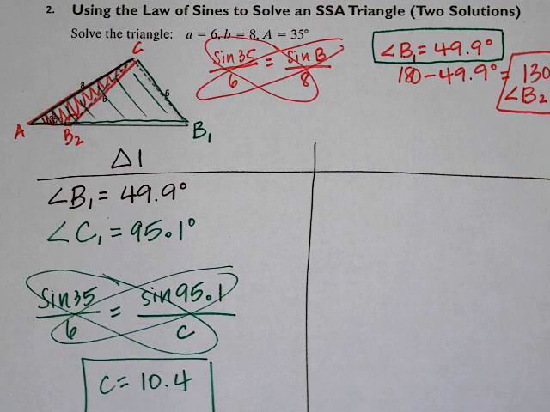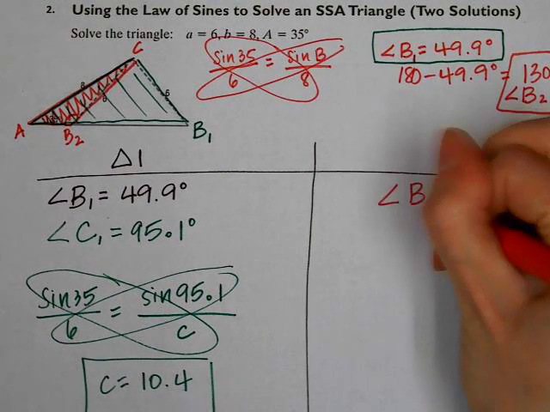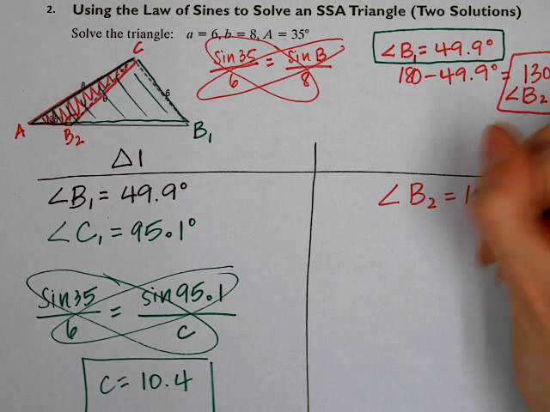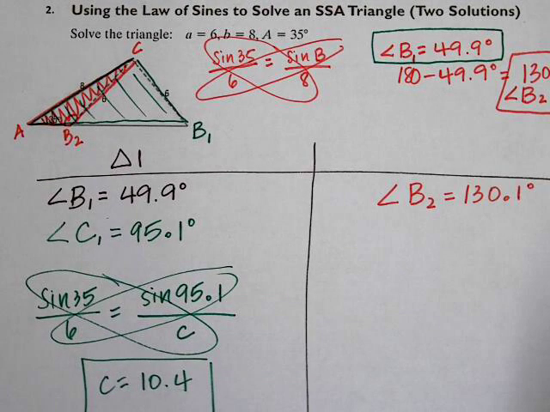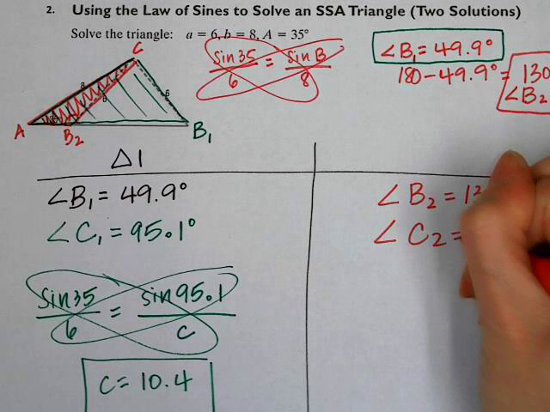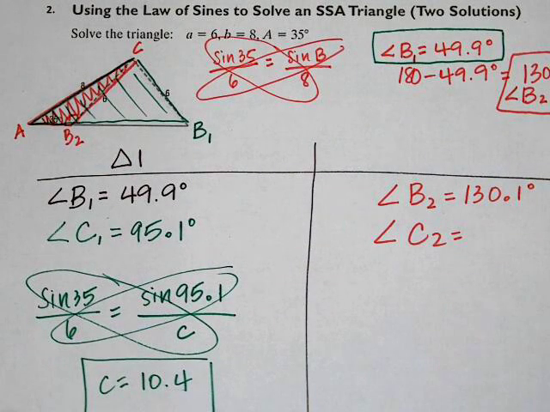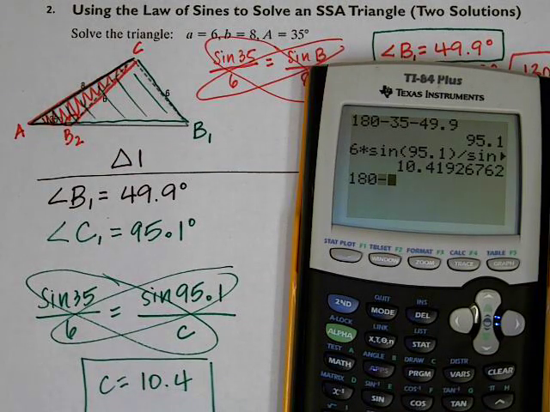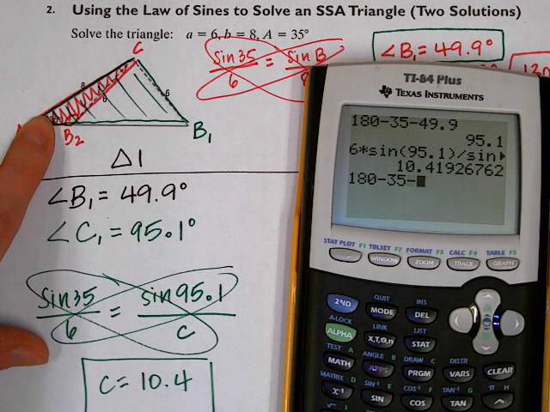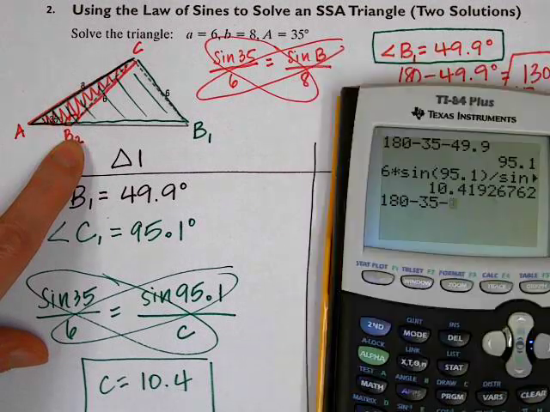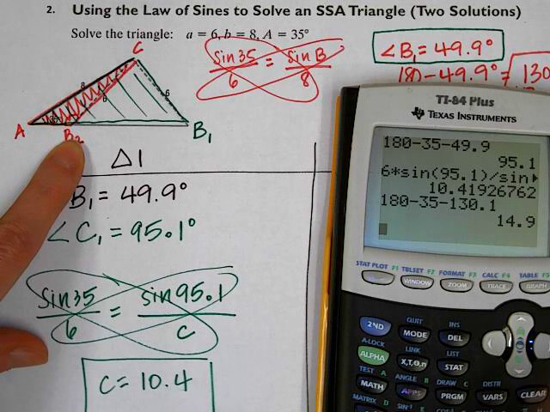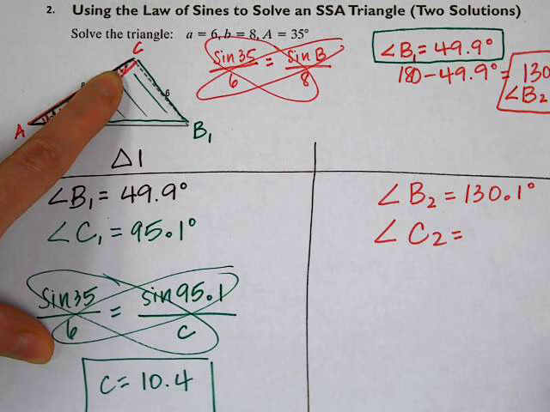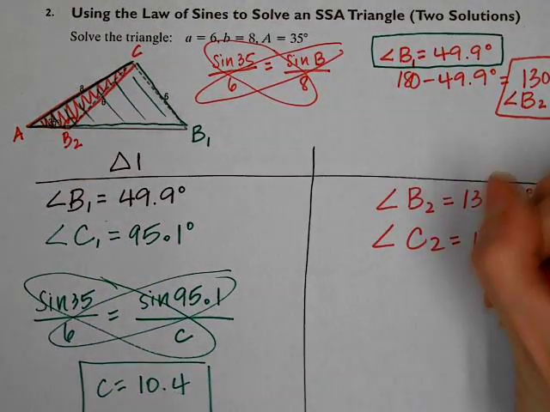So for the red triangle, angle B2, we called it, was 130.1. So then let's find angle C2. That's just going to be 180 minus the 35 minus the 130.1. So this little angle C here is 14.9 degrees.